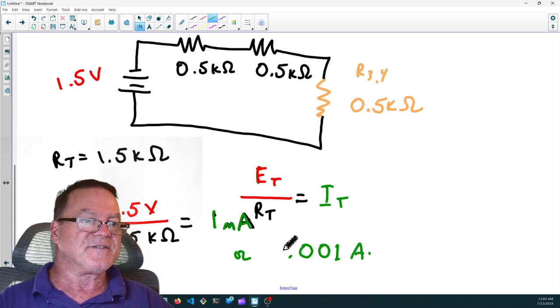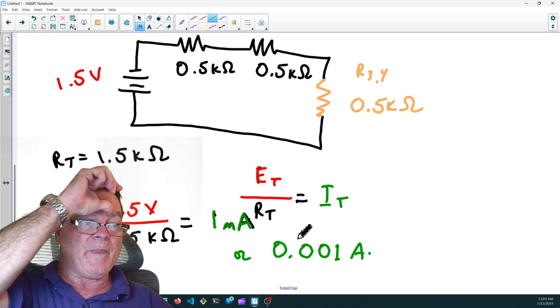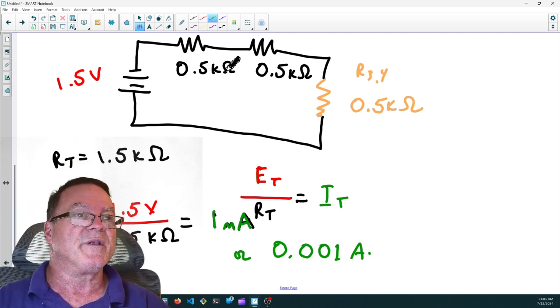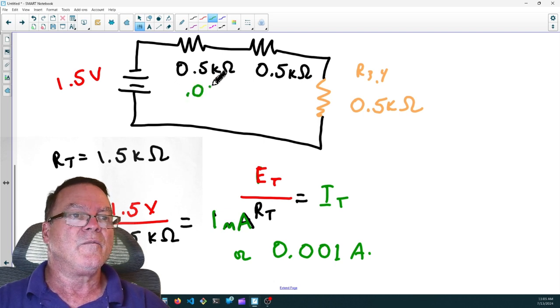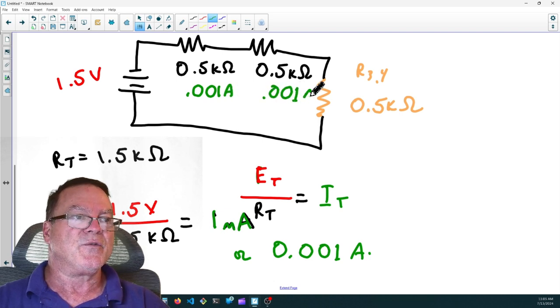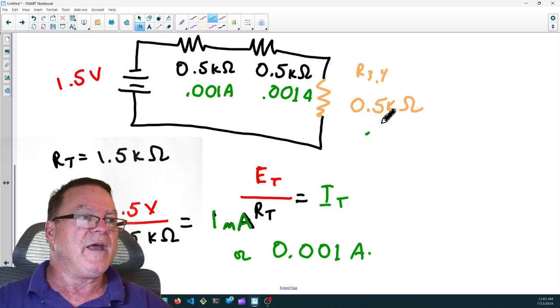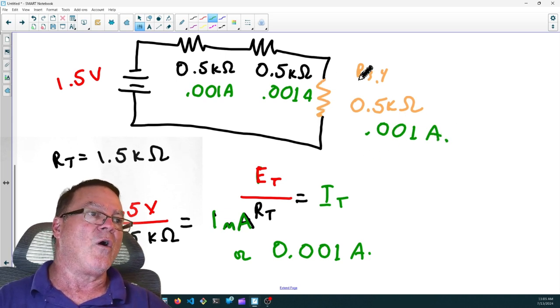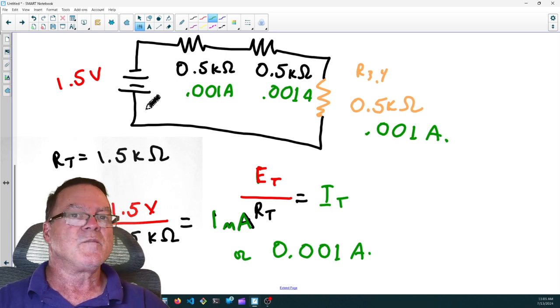That's our current. So we have 0.001 amps flowing through R1, and we have 0.001 amps flowing through R2, and 0.001 amps flowing through R3. Actually, yeah, R34, excuse me.